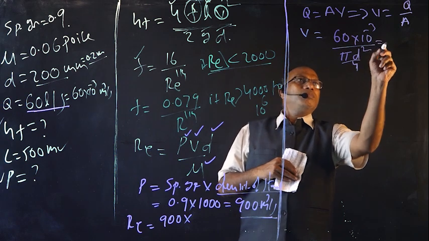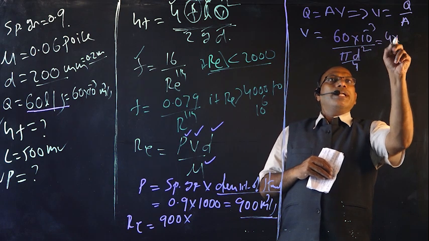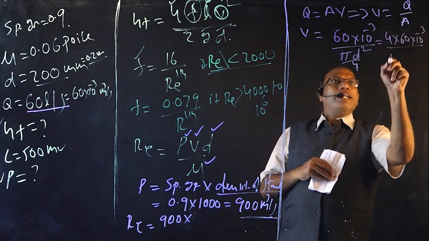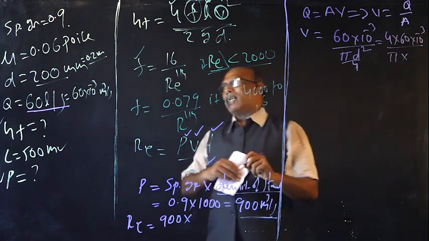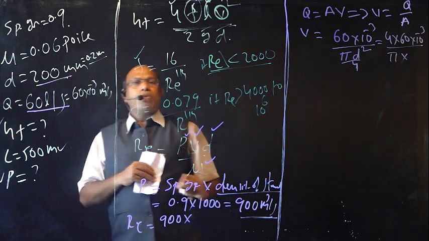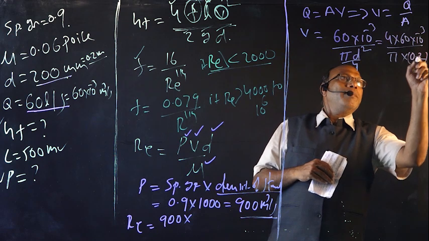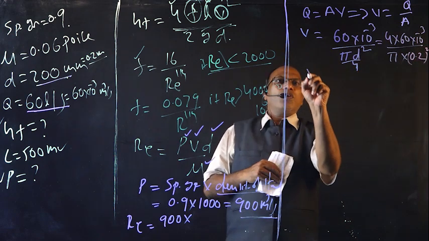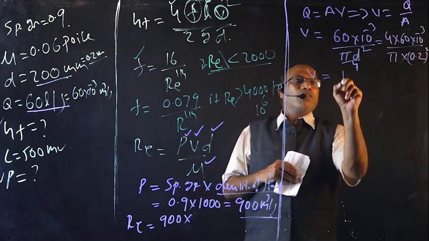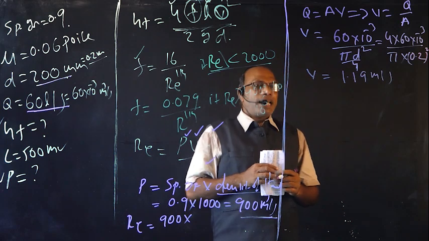This is equal to 4 into 60 into 10 power minus 3 divided by pi into the diameter squared. In the problem, the diameter is given, 200 mm, that is 0.2 meters. Therefore, the velocity of the flow V is equal to 1.19 meter per second.